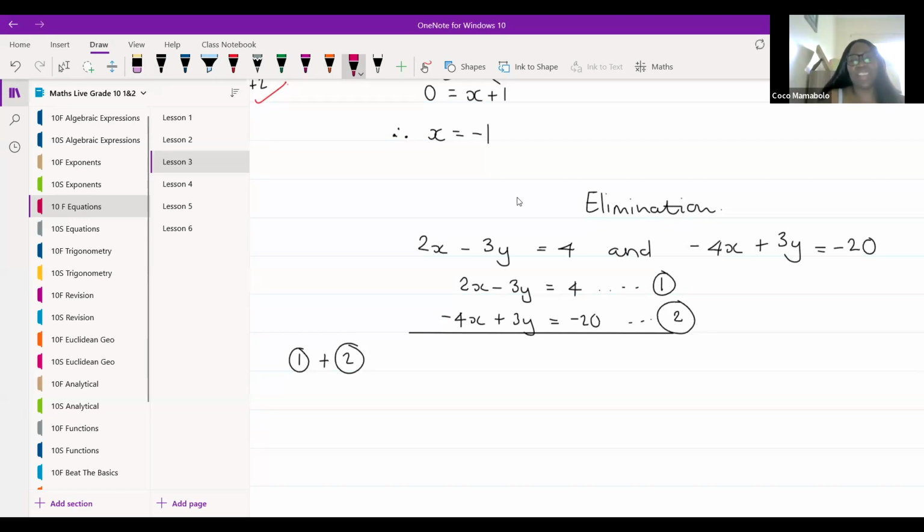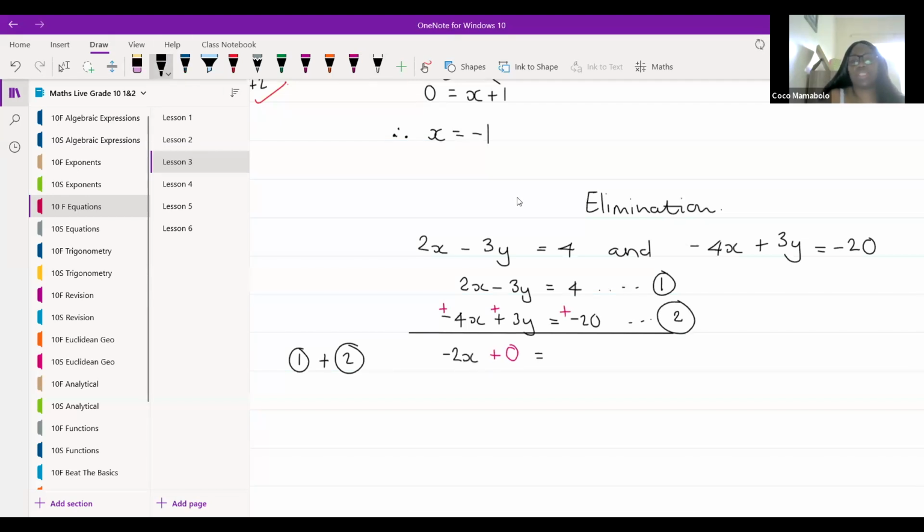Okay, I'm going to get 2x plus negative 4x. That's still negative, so that's going to give us negative 2x. And then over here, I'm going to get negative 3y plus 3y, which will then give us 0. And that is equal to 4 plus negative 20.